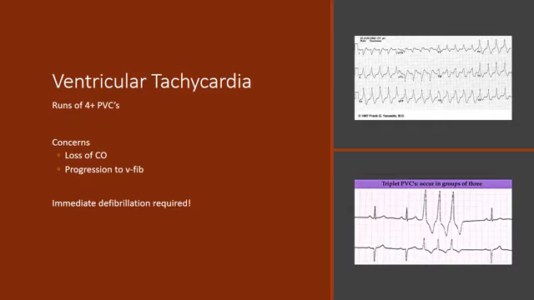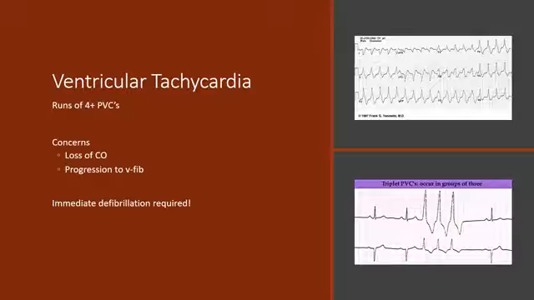Now, if we see a run of PVCs in a row, if we see 4 or more, that's defined as ventricular tachycardia. And the big deal with ventricular tachycardia is this not only illustrates a loss of cardiac output because we've lost the normal functionality of the heart. We lost that coordinated atrial fill and then giving time for the ventricles to fill. All that is out the window.